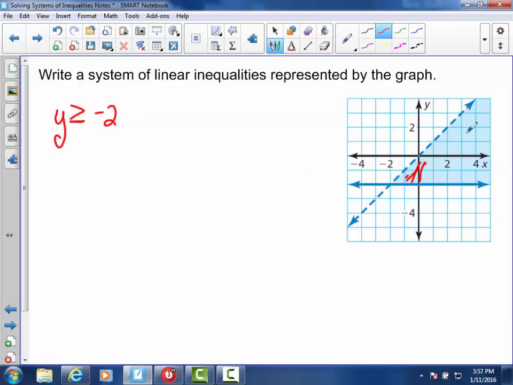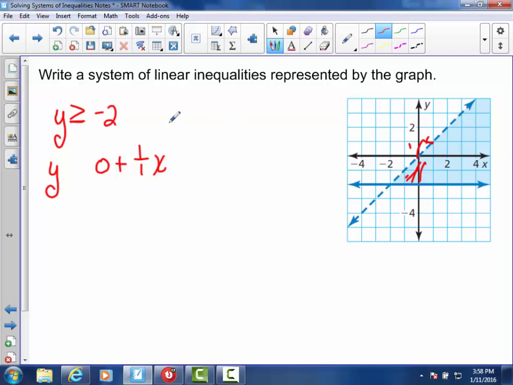Okay. Then the second line, it's going through the y-axis at 0, and it has a slope of 1, right? Because up 1 to the right 1, up 1 to the right 1. Okay. So y, and I'm going to leave my symbol blank, right? And we begin at 0, and we're adding 1 over 1x.